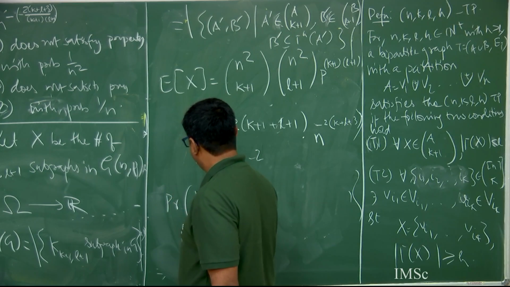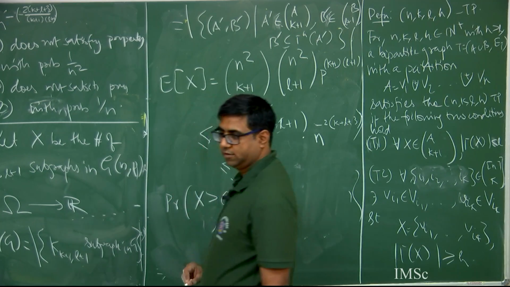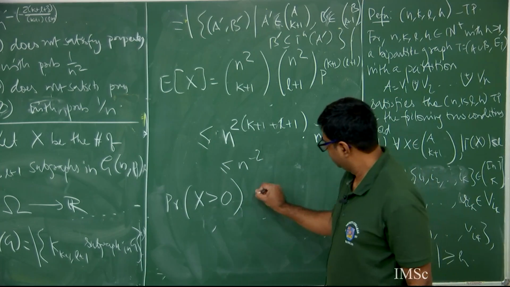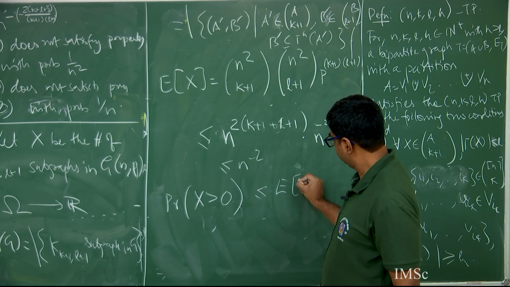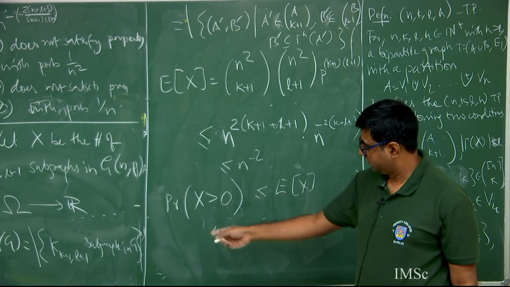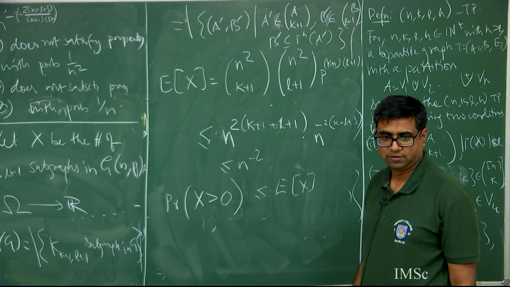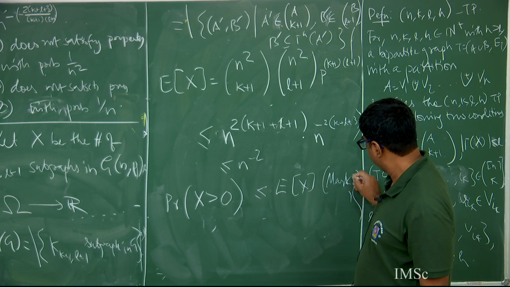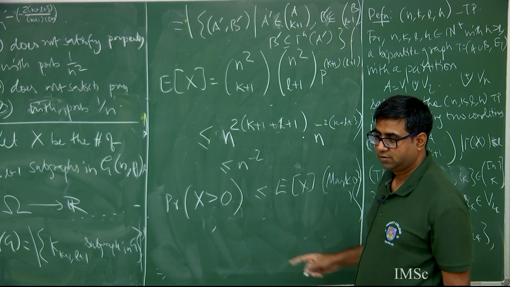Probability that x is greater than 0, by Markov, is what? It is less than or equal to this. This is Markov. Come on, guys. This is Markov.